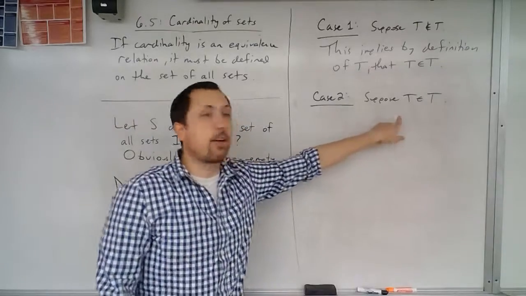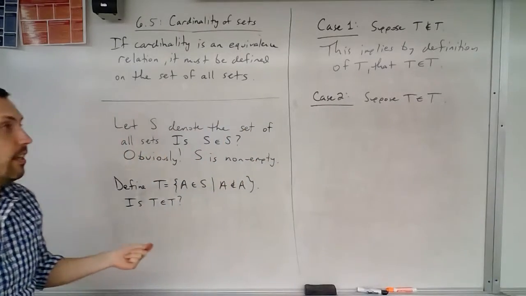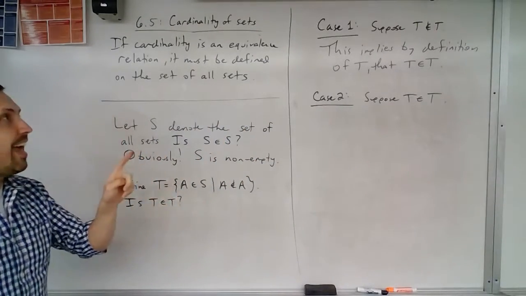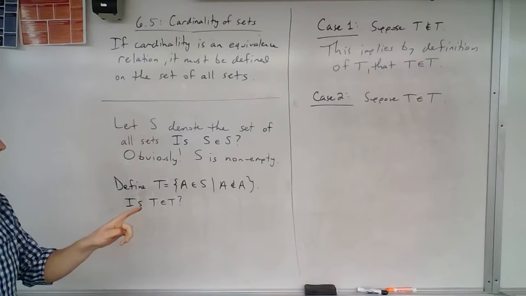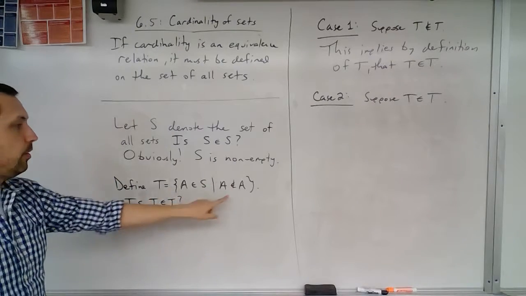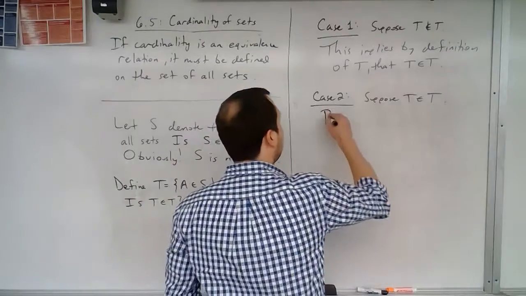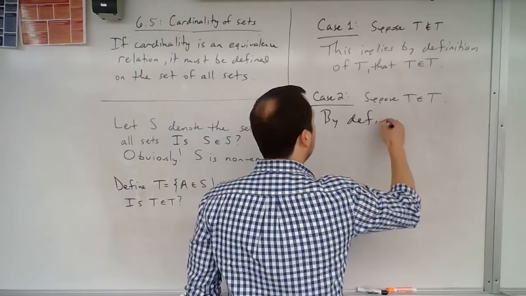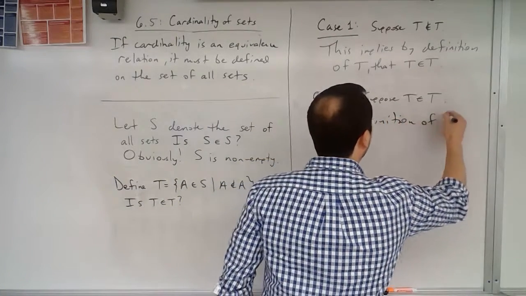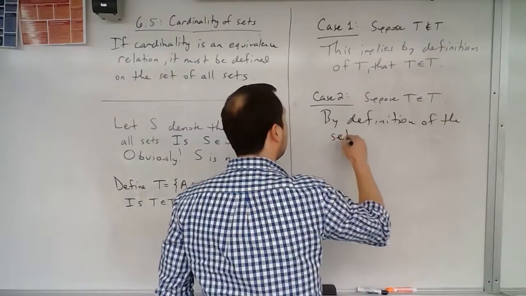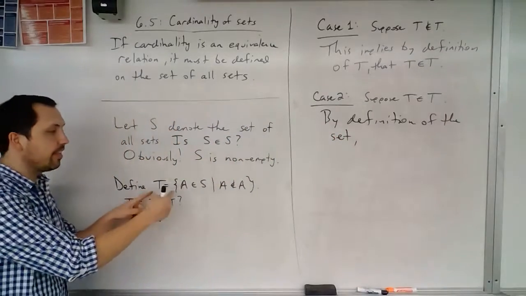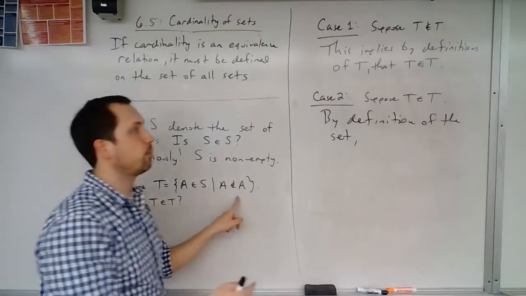So let's instead say, okay, what if it is an element then? If T is an element of T, then by definition of the set, if you're in this set, you must satisfy this requirement.